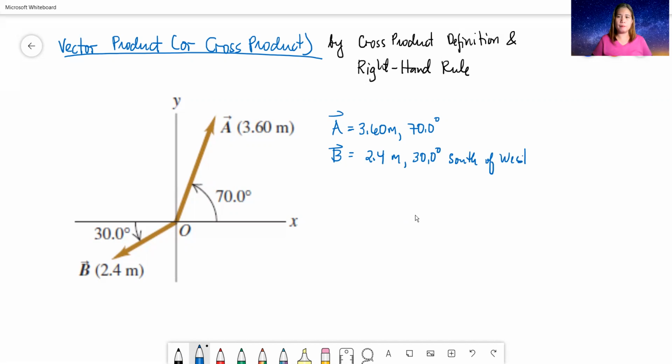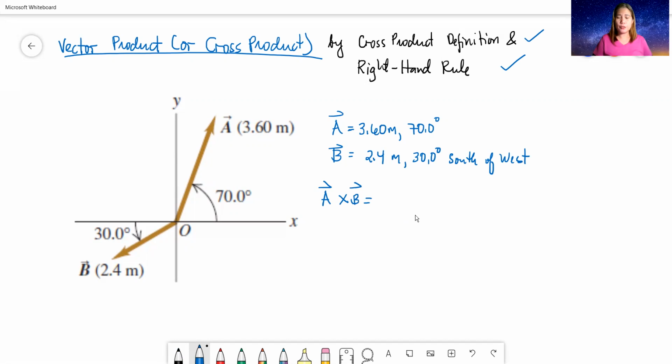So if the given vectors are in this magnitude-direction notation, then this method will be the easiest way to determine the cross product of these two vectors. Let's just say what is required is A cross B.